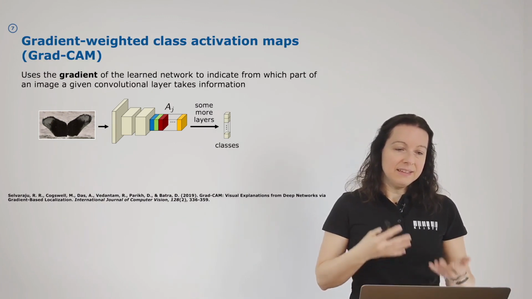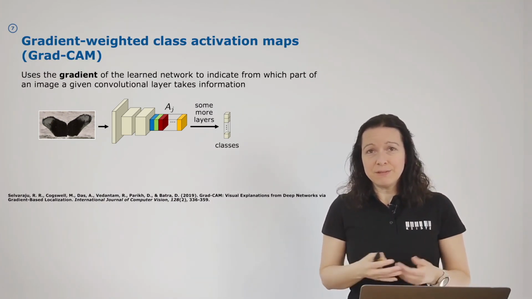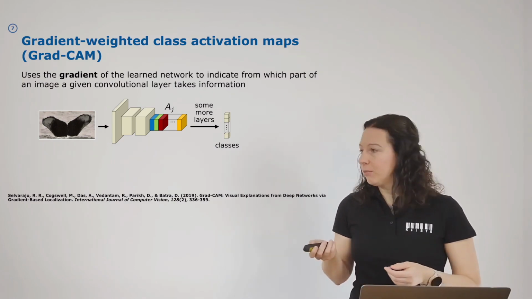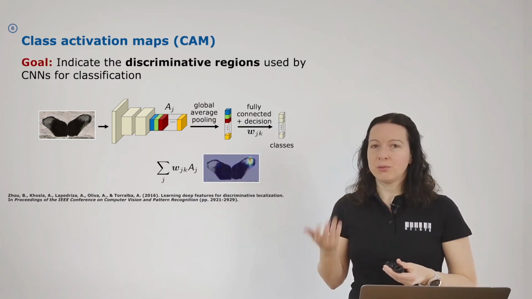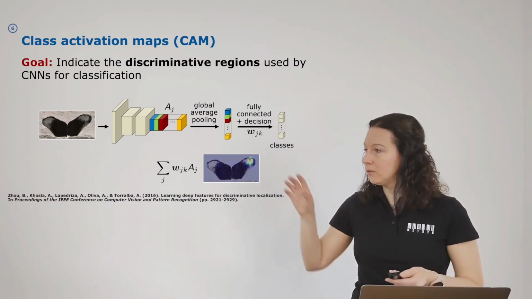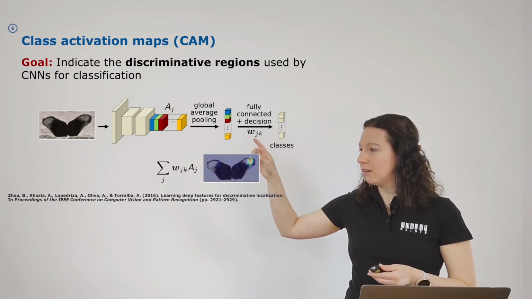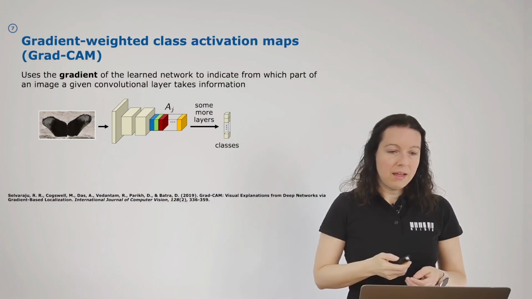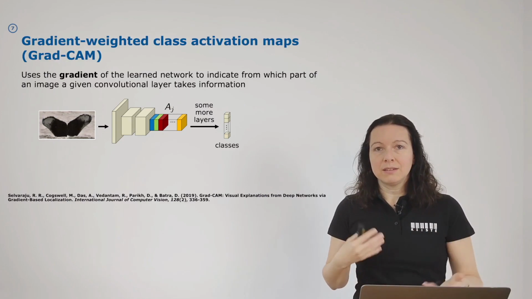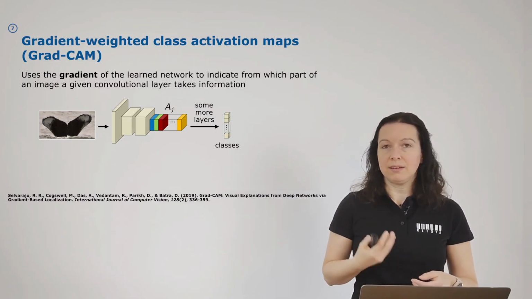And then there is an extension, because, as I said before, this is quite restrictive, because you need a specific design of the network. You need this specific part so that you actually get the weights here. So there was a development of an extension, and this is called gradient weighted class activation maps.